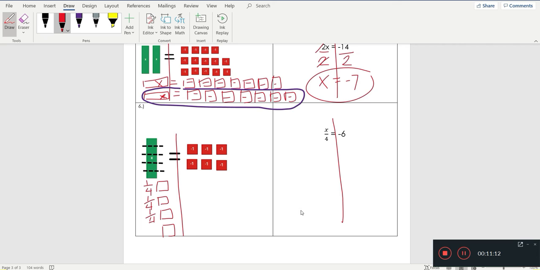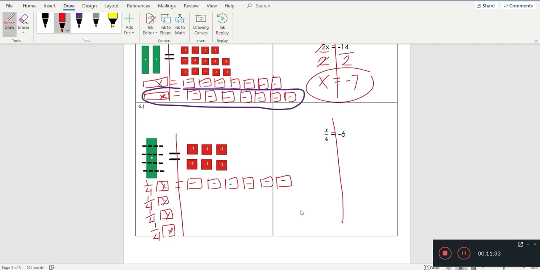The 1/4 x. It is the x, 1/4 x, right? 1/4 x is equals to negative 6. So 1/4 x, so I have 1, 2, 3, 4, 5, and 6.